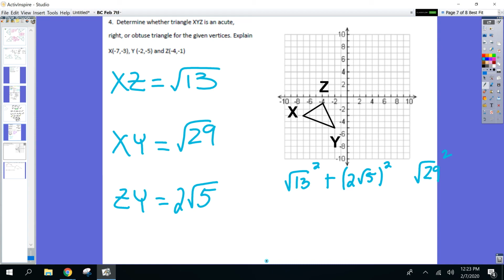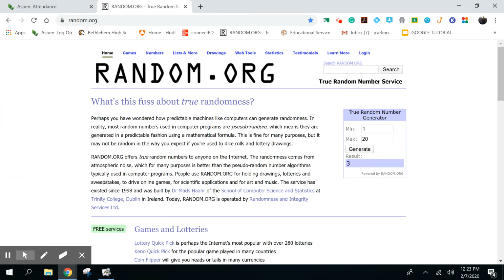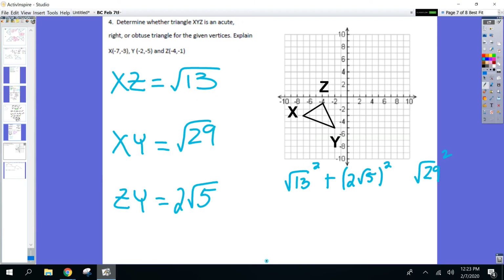Okay. The radical 13 squared and the 2 radical 5 squared side comes out to be 33. I will give you props for that, Emma. Not because you can use your calculator, because seriously, this is my third time doing this.